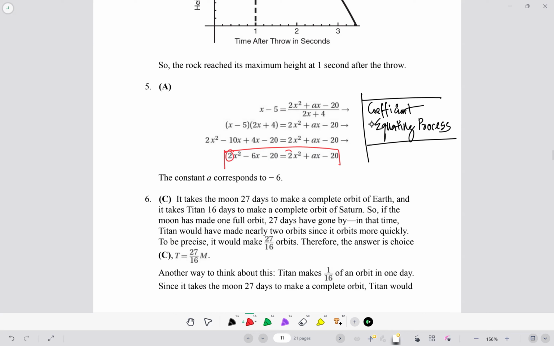These two and these two are corresponding to each other. And this -6 and this a are corresponding to each other, and this -20 and this -20 are corresponding to each other. This is called the coefficient equating process.